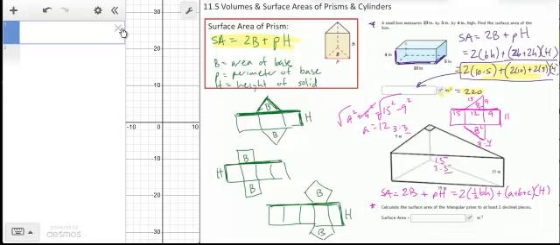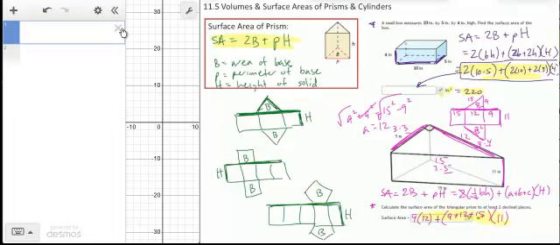And so if we just plug in what we have, the 2's cancel. The base of this, if we use 9 as the base, we get 9 times the corresponding height as this measure, which we found to be 12, plus the sum of the sides, so 9 plus 12 plus 15, times the height of the solid, which was 11. So this would be your calculation.